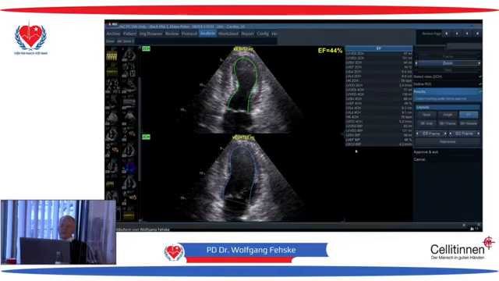So we are talking about the radial function, which is this one. You have a hyperkinetic basis, and the longitudinal function with this global strain, which shows that the patient has a severely reduced global strain and only a slightly reduced ejection fraction.